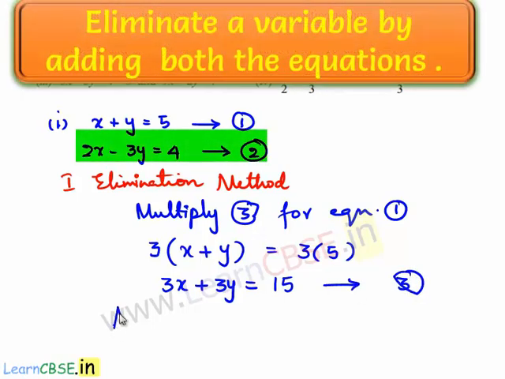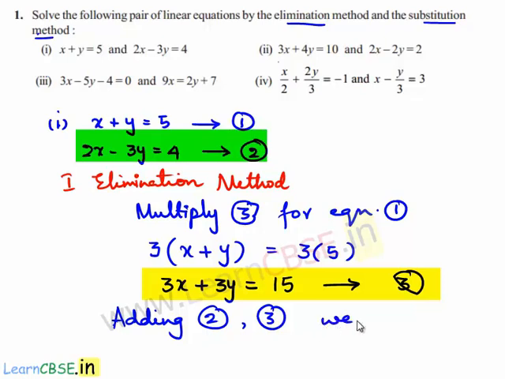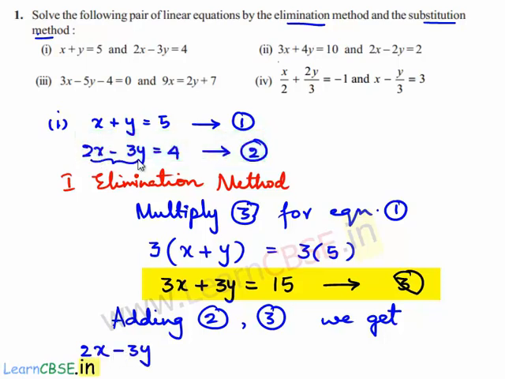So on adding equation number 2 and 3, we get, the second equation is 2x minus 3y, this is LHS, which is left hand side, and the left hand side of third equation is 3x plus 3y.